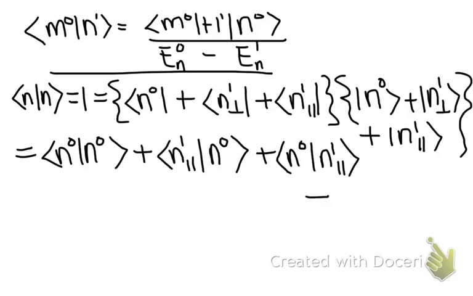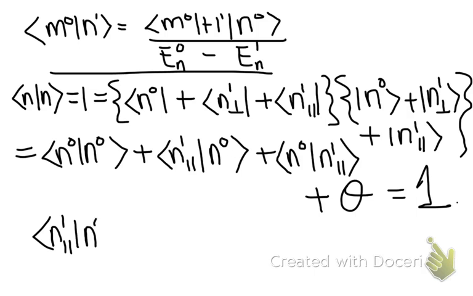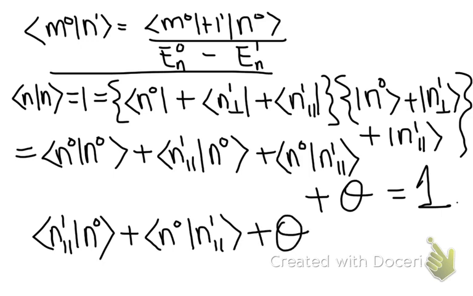And we can have higher order terms as well, which I'm just going to write like this, equal to 1. Alright, now this can further be written as my n1 parallel component n0 inner product plus n0 inner product with n1 parallel component plus some higher order terms again.